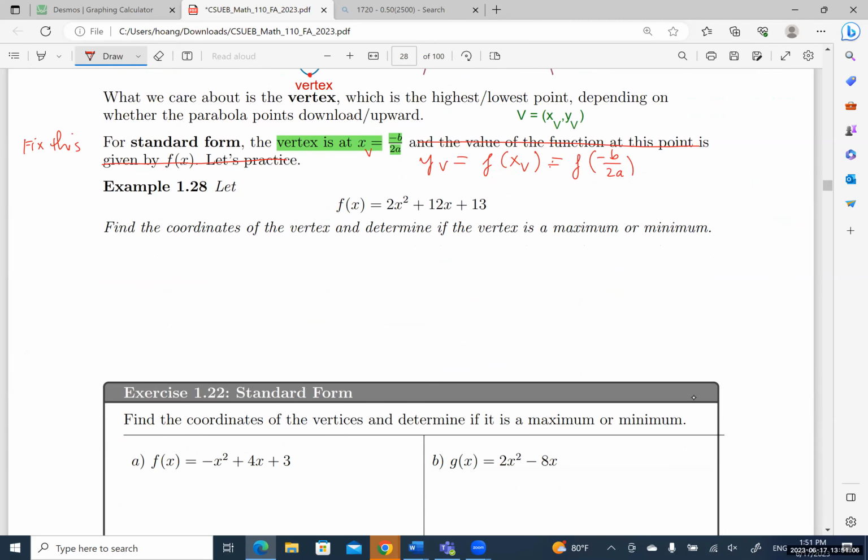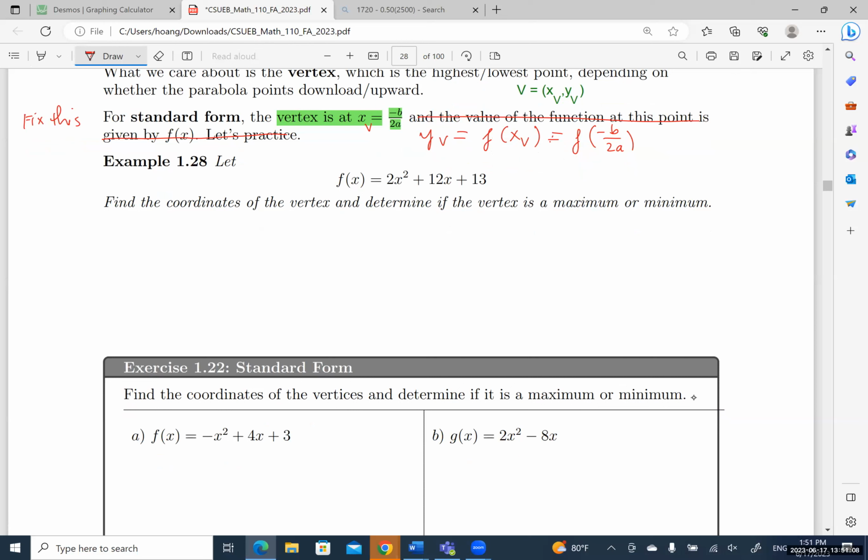Now let's do an example, 1.28. We have the function 2x squared plus 12x plus 13. I would like to write down what a is. A equals 2 in here, right?